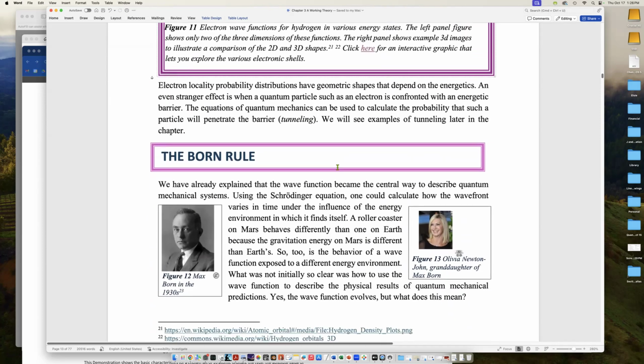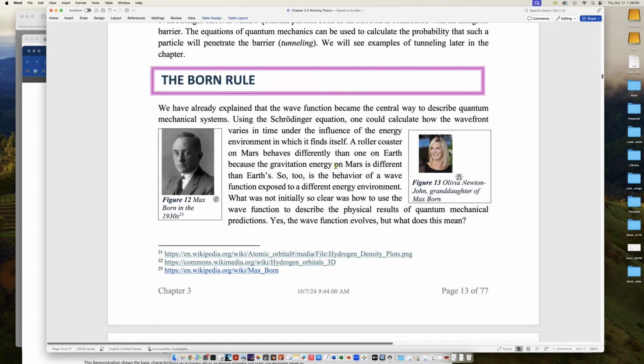Now let's talk about a major step forward, and that is the Born rule. Here's Max Born. He was an expert at solving problems with the Schrodinger equation, and eventually realized that the outcomes of the experiments he was considering were depicted by squaring the wave function.